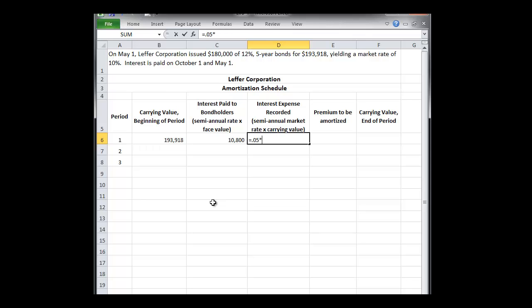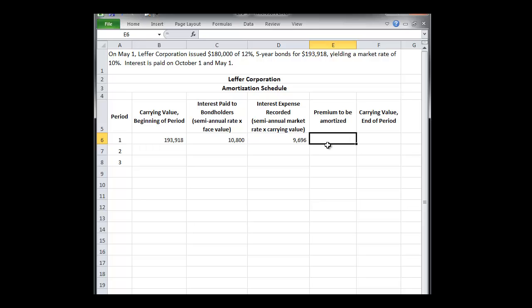And we multiply it by the beginning carrying value, and the beginning carrying value for period 1 is $193,918. So that equals $9,696. So that's our interest expense. I have my spreadsheet set up here to round to the nearest dollar, just so we don't have to look at a bunch of pennies.